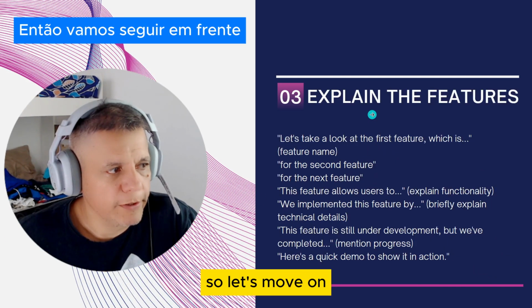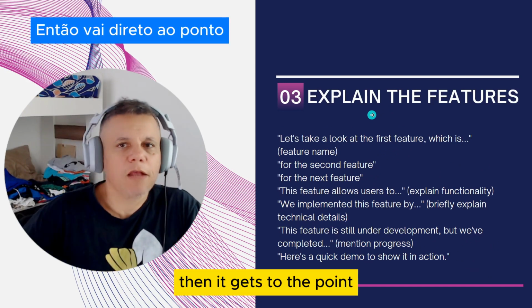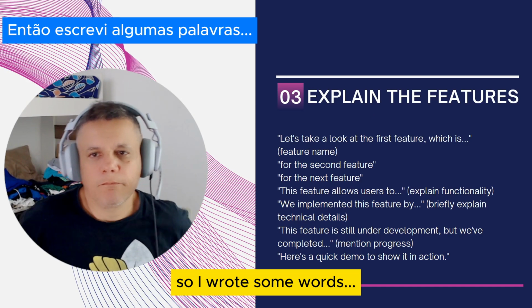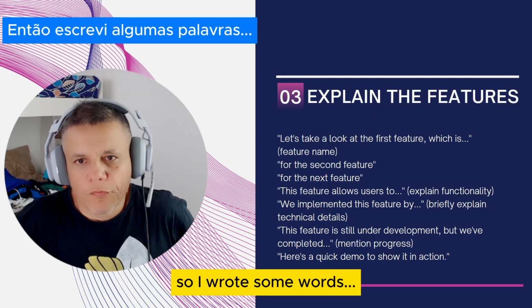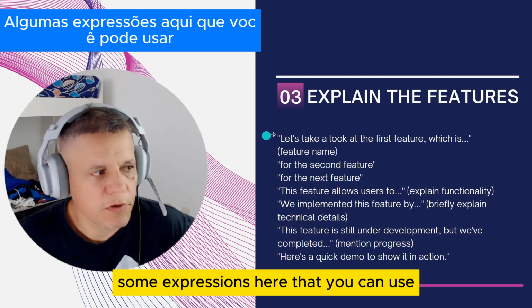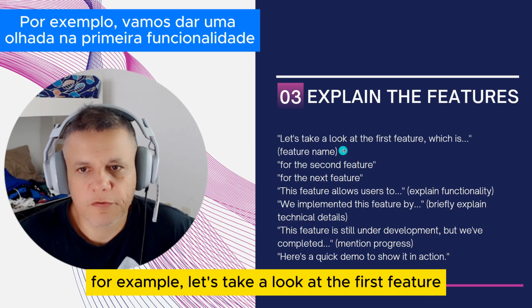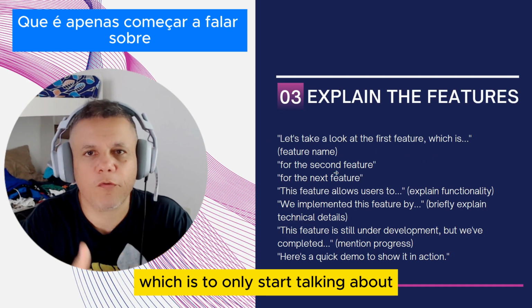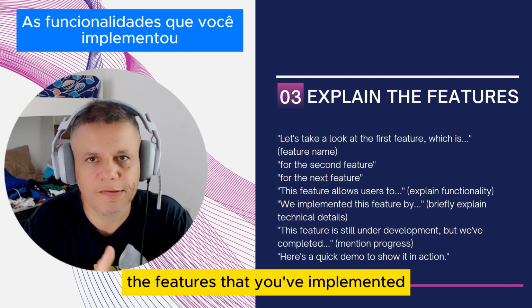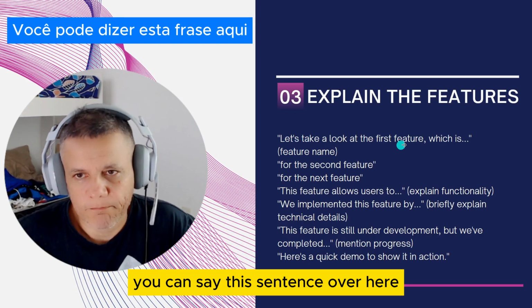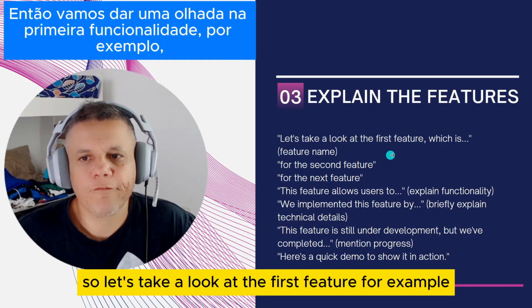So let's move on. Then you get to the point where you have to explain the features. So I wrote some words and expressions here that you can use. For example, let's take a look at the first feature. When you start talking about the features that you've implemented, you can say this sentence over here: let's take a look at the first feature.